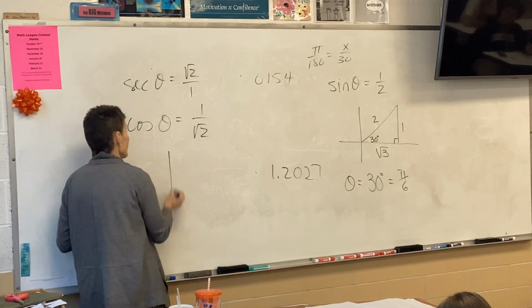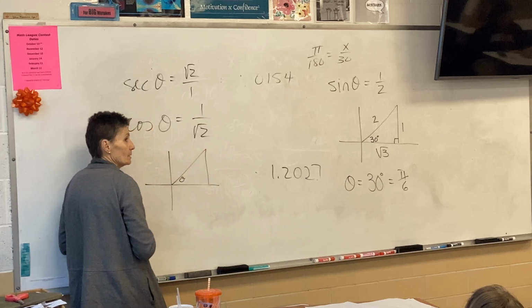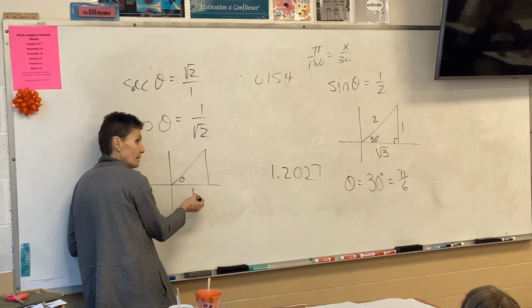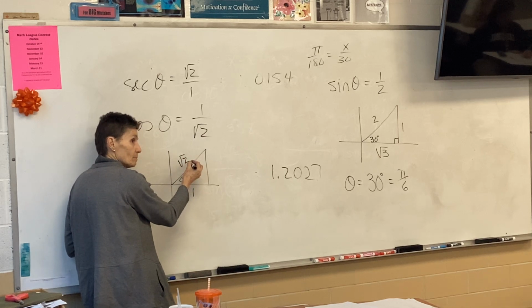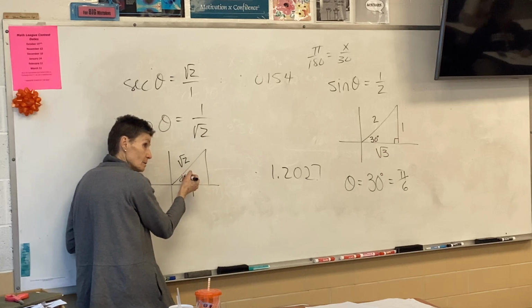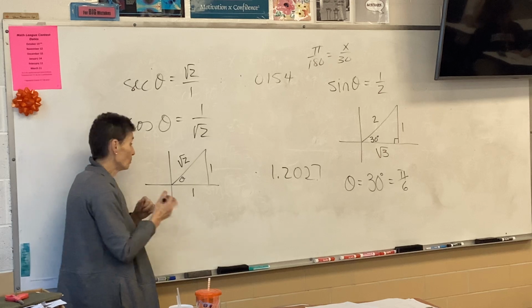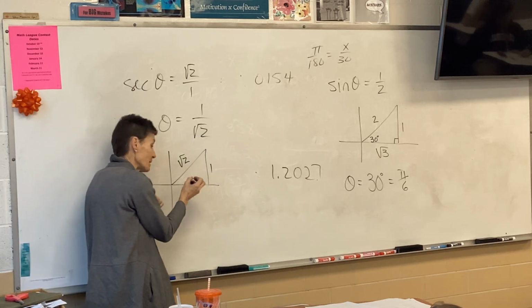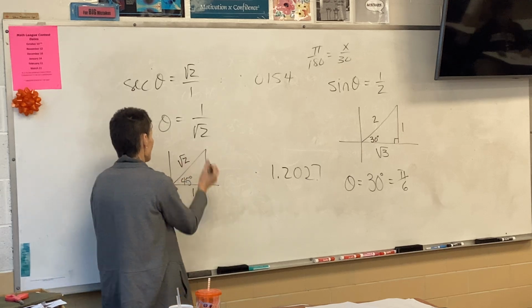So if the cosine is 1 over √2, here's my picture. That means this is 1 adjacent, and this is √2. That also has to be a 1, which means this angle has to be 45 degrees. So the answer to the question is 45 degrees.